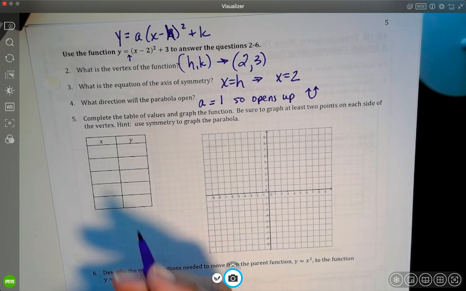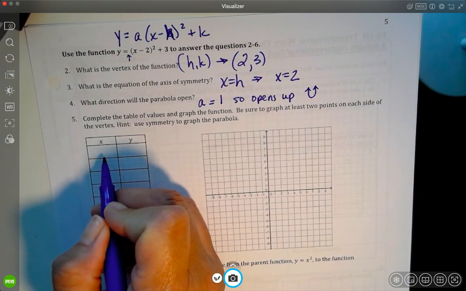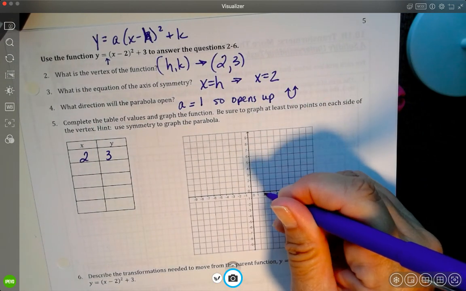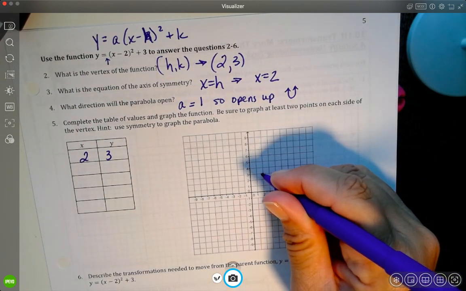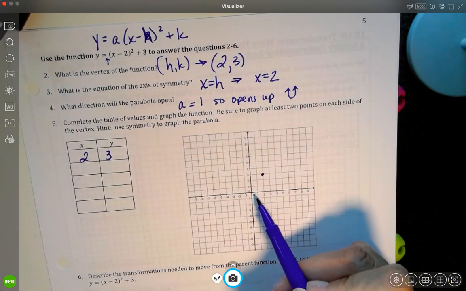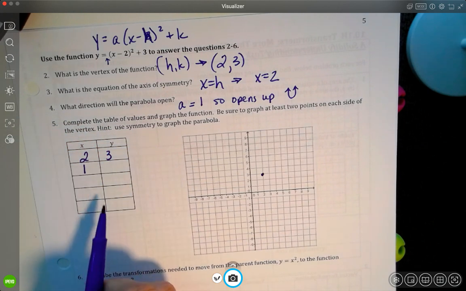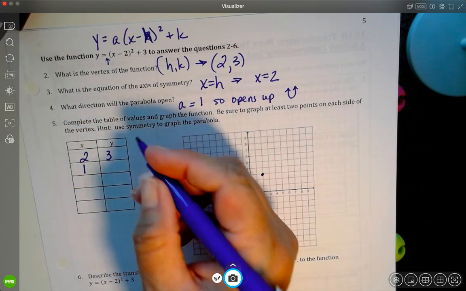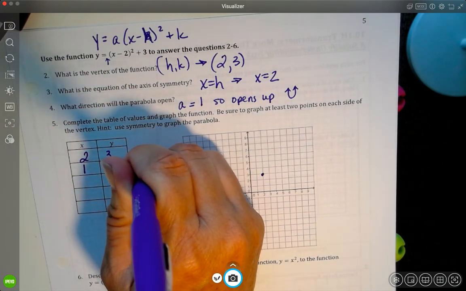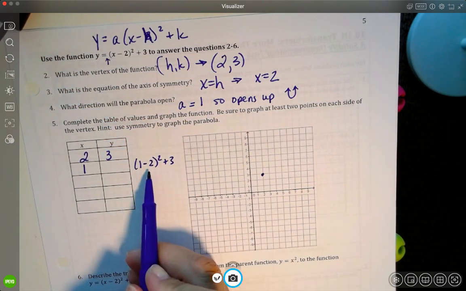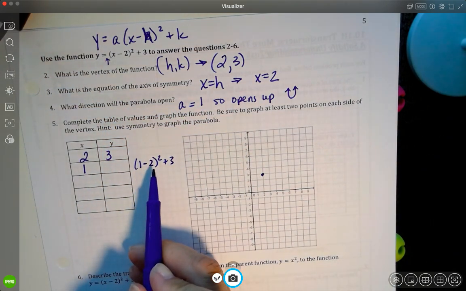So I would start my table with just putting in the vertex. So (2, 3), and graph that, right? 2, up 3. And then maybe I'll choose 1. Like if I plug in 1 as my x into this function, 1 minus 2 is -1. -1 squared is 1, plus 3 is 4.